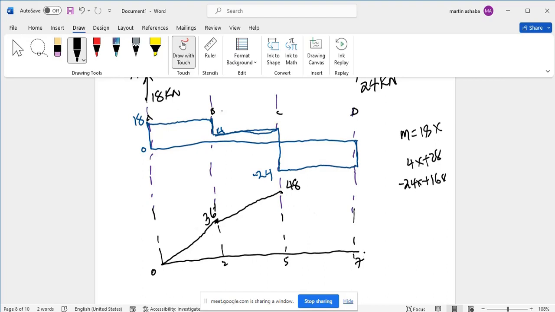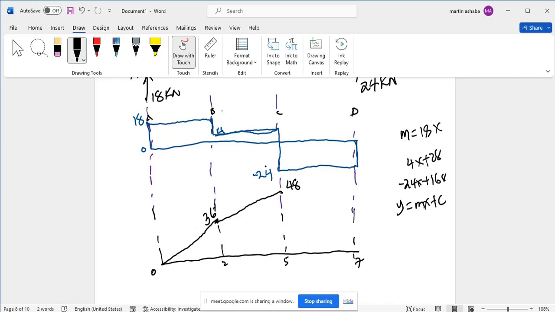Now, what is the bending moment at x equal to 7? I have negative 24 times 7 plus 168. The answer is 0, meaning it now has a negative gradient. In other words, arranged in the form y equals mx plus c, the y-intercept is 168, and it has a gradient of negative 24.